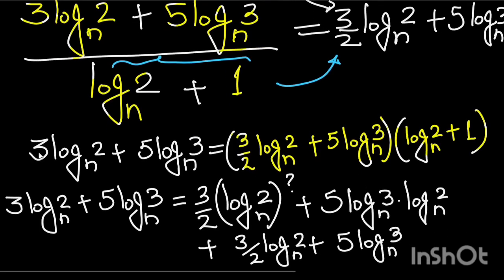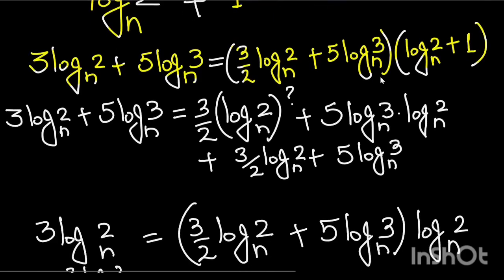On the left hand side we are left with 3 log 2 base n plus 5 log 3 base n, which was already there. Now the first term log 2 base n is multiplied here, so it becomes log 2 base n to the power what guys? Log 2 into log 2 will give you what guys? Yes, the power would be 2. Log 2 base n whole square it would be.